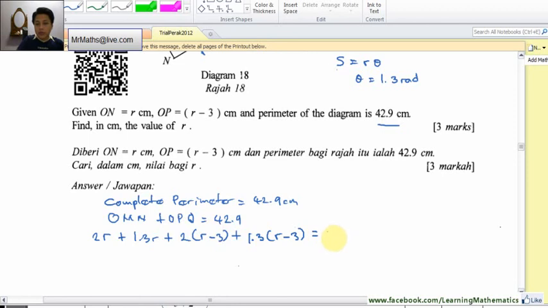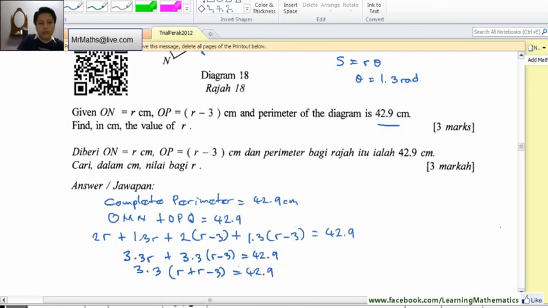This is equal to 42.9. 3.3r plus 3.3(r minus 3) is equal to 42.9. Then let's factorize, that is 3.3 times (r plus r minus 3) equal to 42.9.